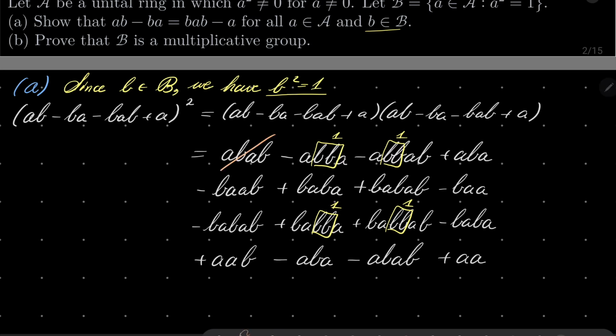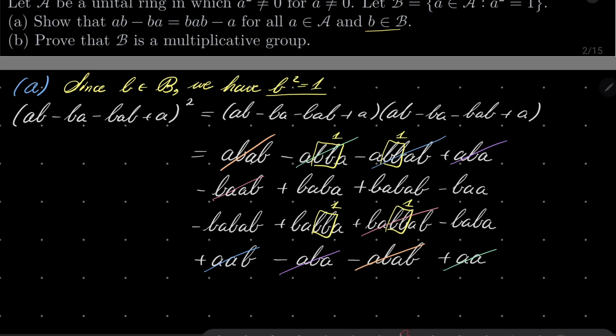And now let's do simplifications. Here we have, for example, ABAB, and here we have minus ABAB. All right. Here we have minus A squared, and here we have plus A squared, so it's gone. Here we have AAB, and here we have plus AAB, so it's gone. ABA minus ABA, BAAB, BAAB.